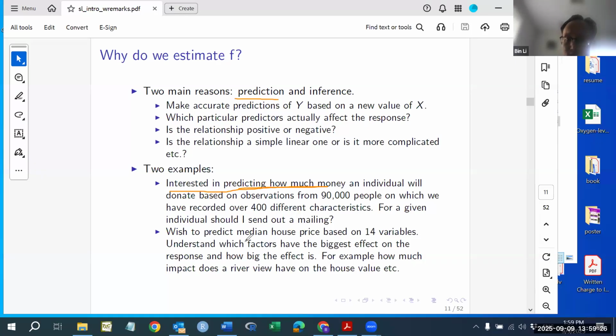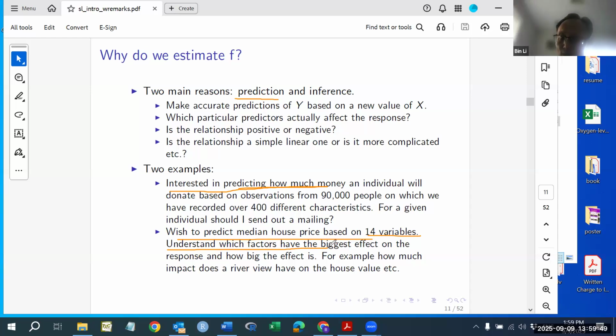And the second example is to predict the median house price based on 14 variables. So that is also based on prediction. However, we also need to understand which factors have the biggest impact on the housing price and how big that effect is.